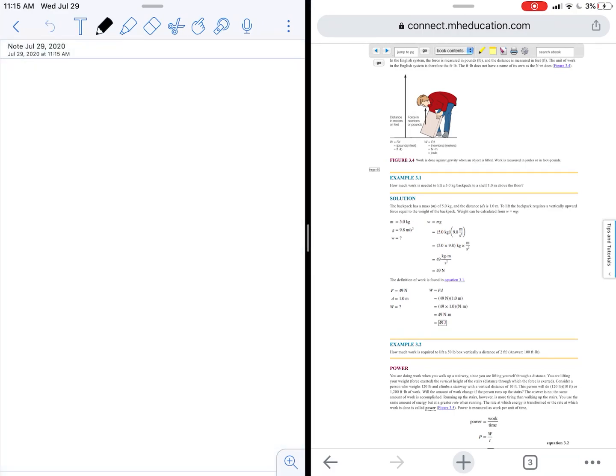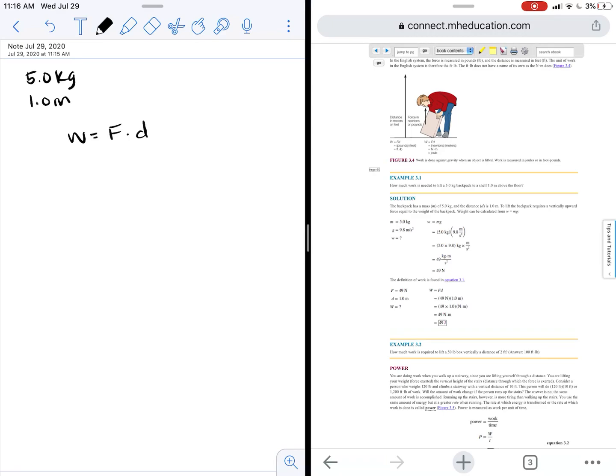Okay, here we go. So it says that we've got a 5 kilogram backpack and it's being lifted to a shelf that's 1 meter above the floor. All right, so this is pretty simple. So work is equal to force times distance.